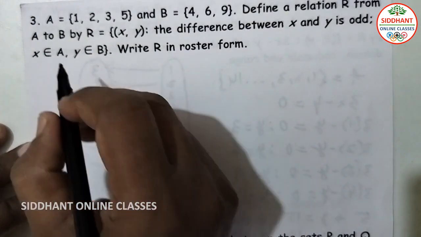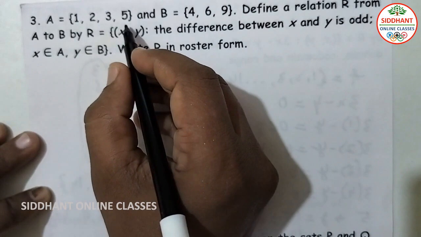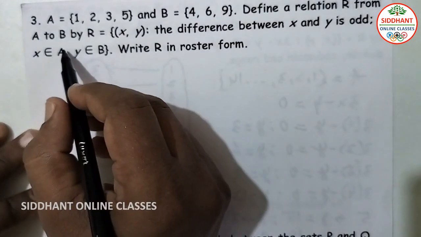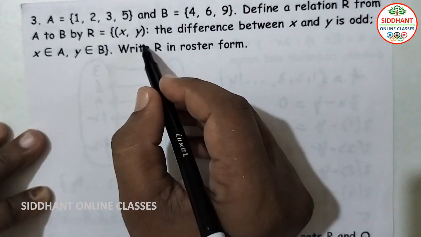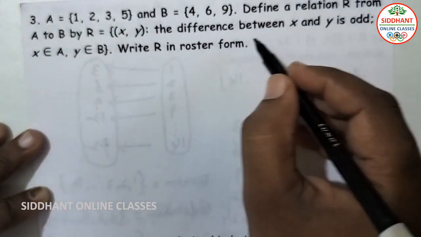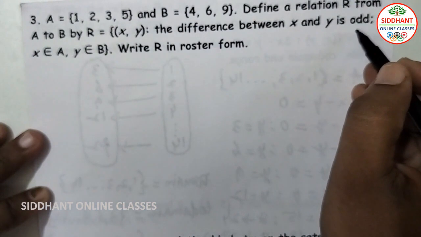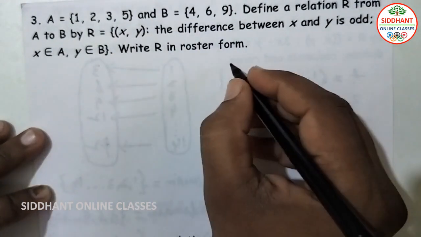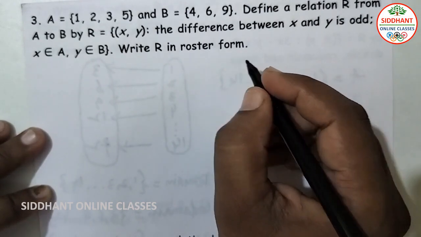Question number 3. A = {1, 2, 3, 4, 5}, B = {4, 6, 9}. Define a relation R from A to B by R = {(x, y) such that the difference between x and y is odd}, where x belongs to A and y belongs to B. Write it down in roster form.